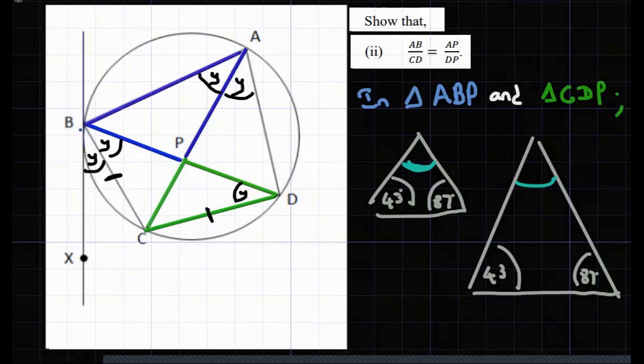So look at the first triangle, 43 and 87. That would give 130. So what will be the top angle? 50. And what will be the top angle of the other triangle? That too is 50. So in order to prove that two triangles are equiangular, we don't need all three angles. If you just prove two pairs of angles are equal, that's enough.